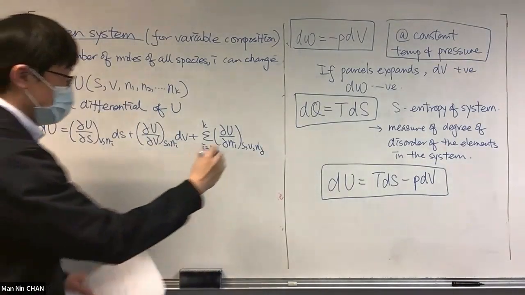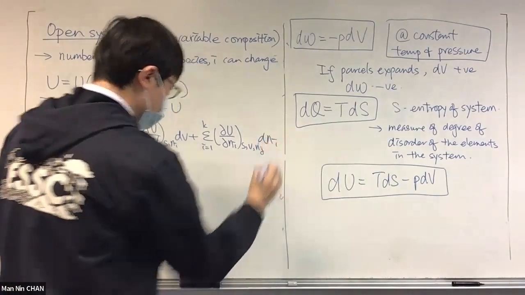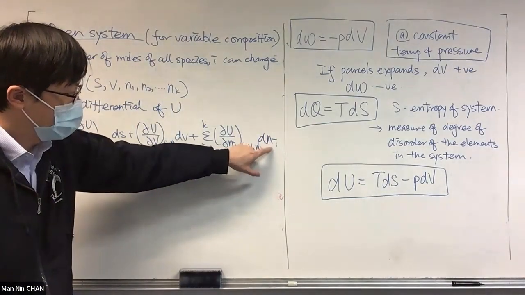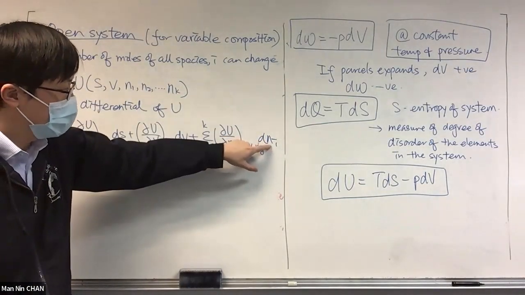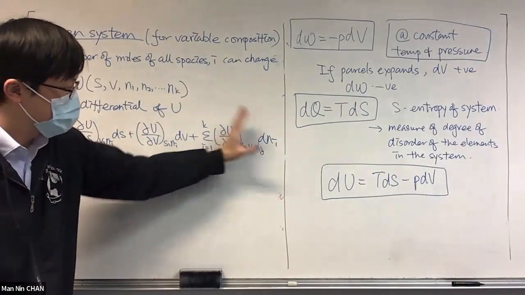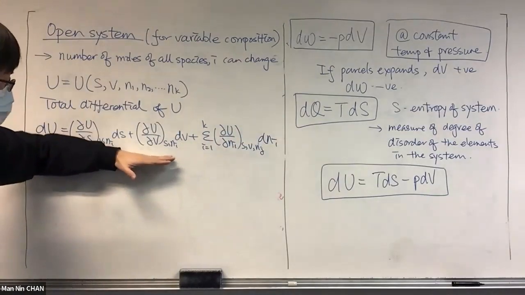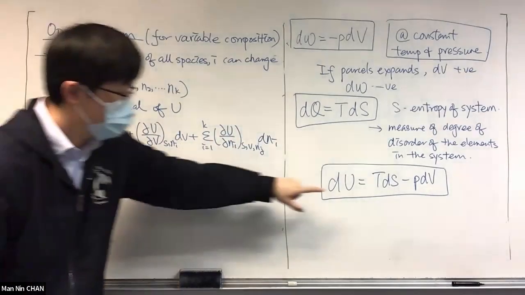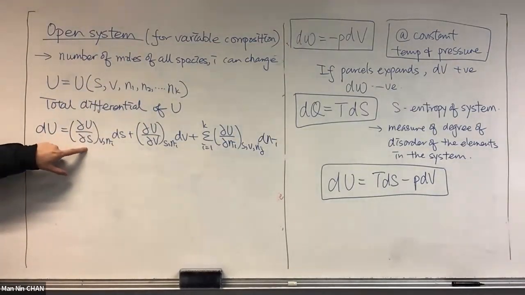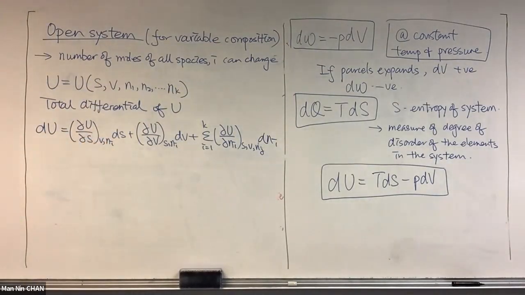Sorry, I'm missing the end. For a closed system, the changes of your species, dNi, will be equal to 0, so this term disappears. Then you just get this term, and you can compare it at constant temperature and pressure. This is T, and this is the pressure here.